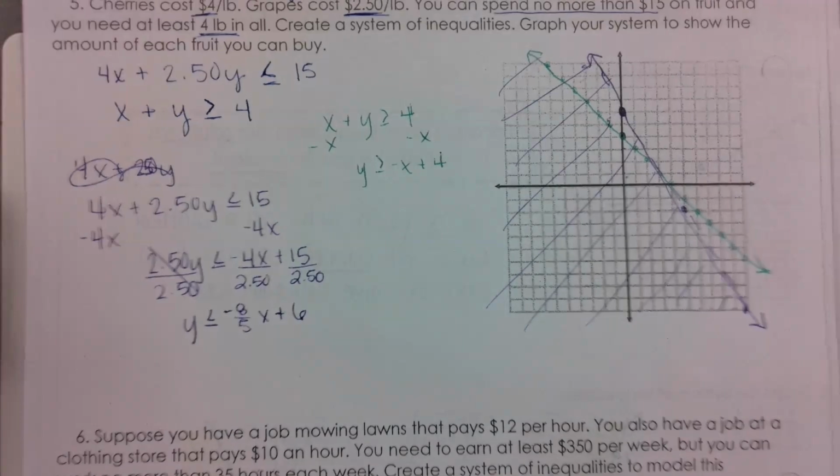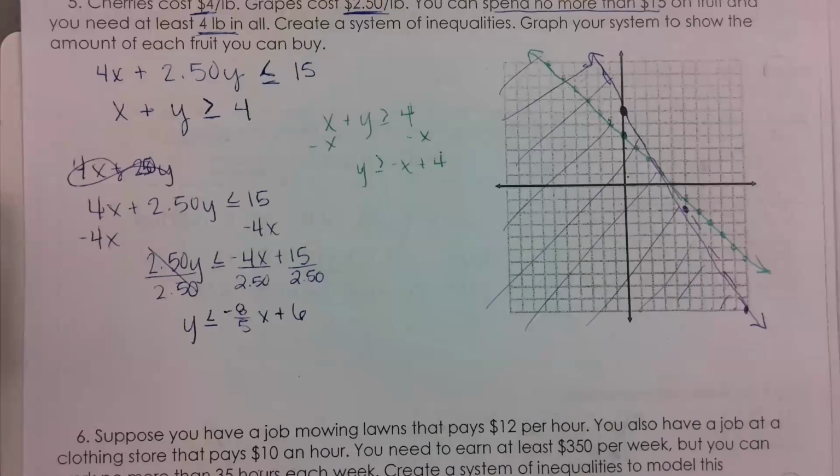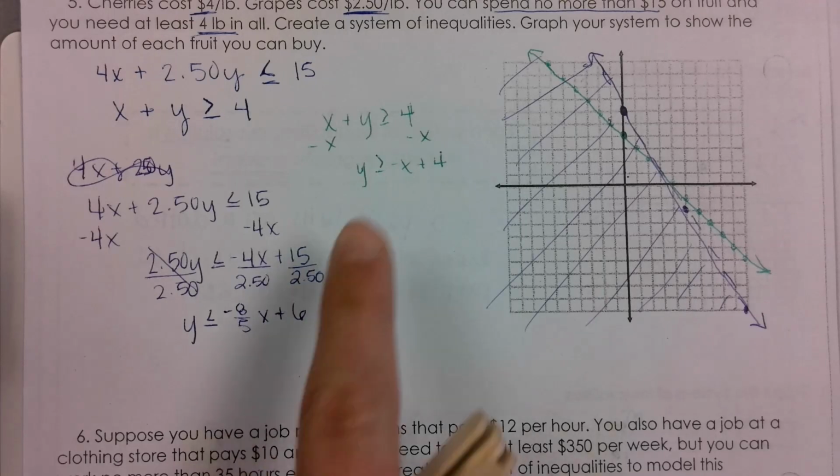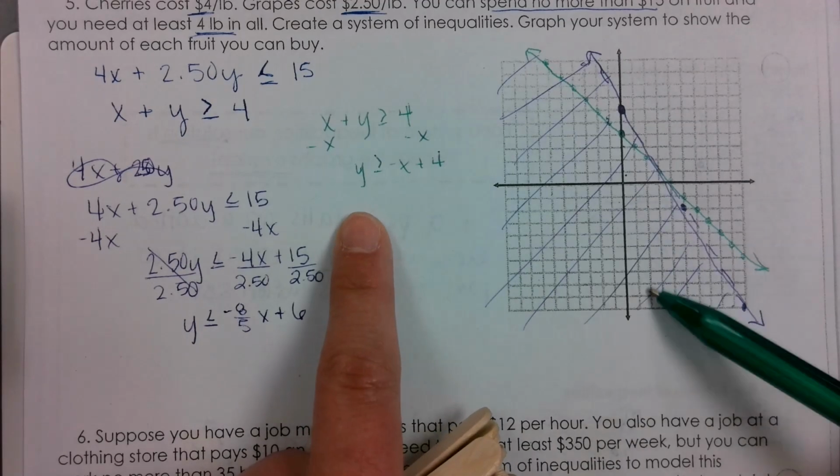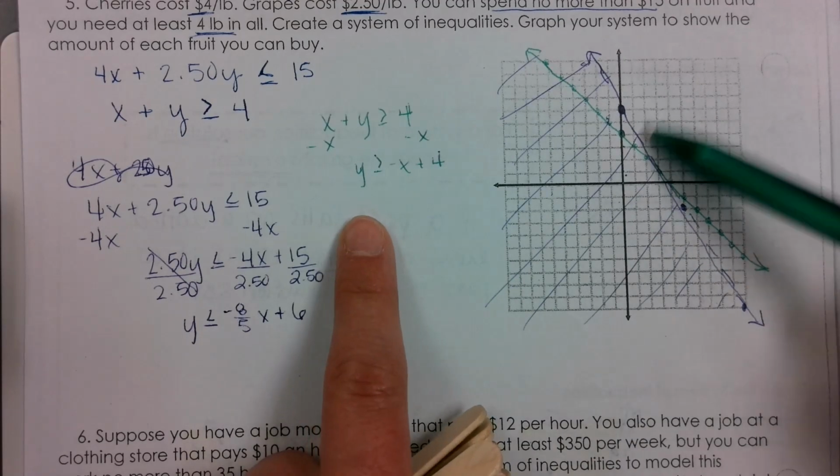Hallie, it says y is greater, so do we shade above or below? If y is greater? Above. So is this above? Yes, so we're shading everything in this direction.